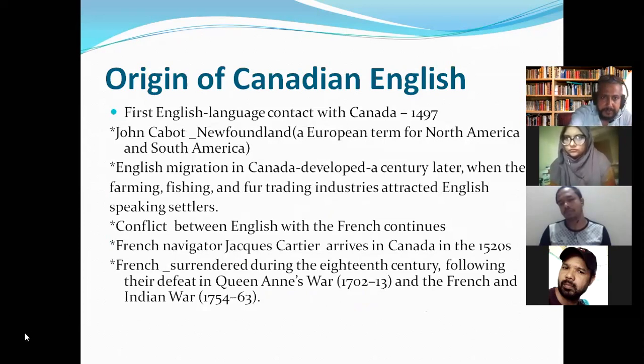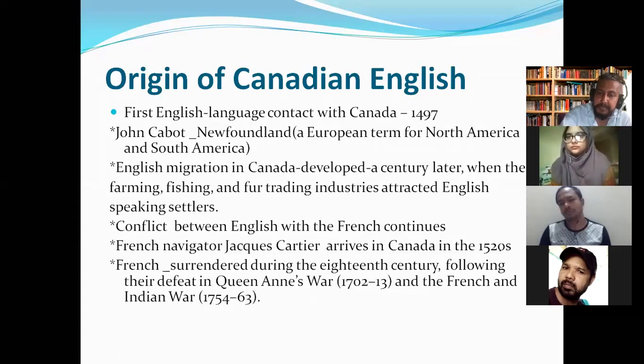So at the end of this slide, we see that the French surrendered during the 18th century following the defeat in Queen Anne's War, which occurred between French and Great Britain, and the French and Indian War. When they were defeated in this war, British people got prominence in the Canadian province. And not only that, the British people defeated the French people, but the French people were not wiped out.